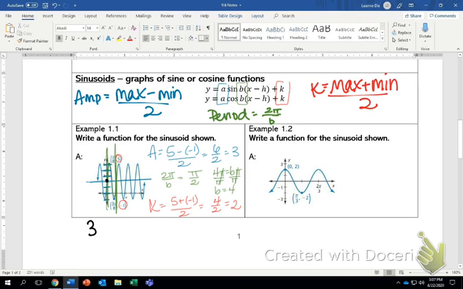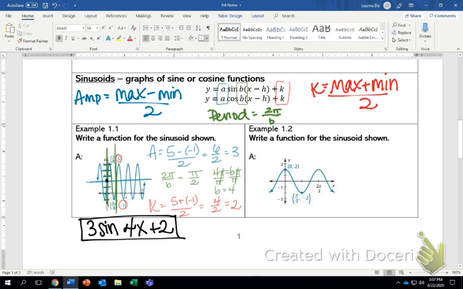And since I start at the midline, that is following my sine function, so it would be sine 4x. And then my final piece is my vertical shift, which is 2, so plus 2, and this is my final answer.